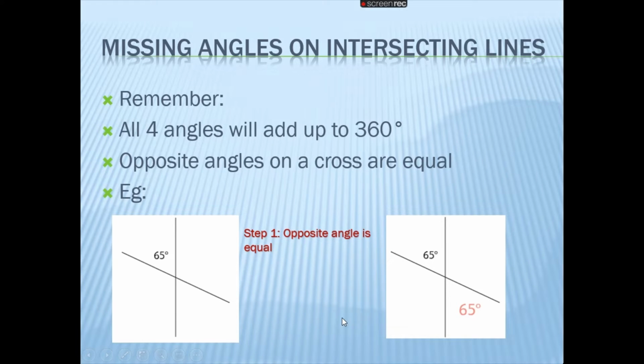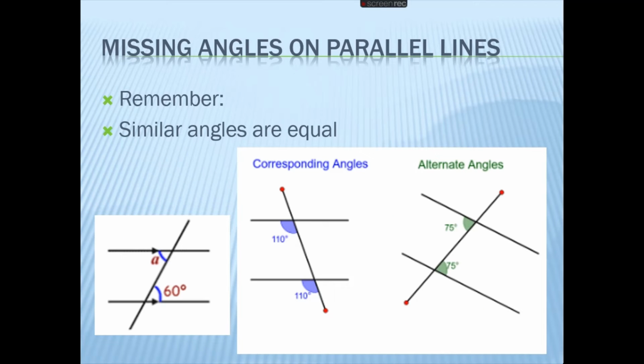For the next step, 65 plus 65 is 130, and then I do 360 take away this, which is equal to 230 left. Then 230 divided by 2, because I've got 2 angles left, is of course 115. To check that it works, add them all up, and they should all equal 360 degrees.